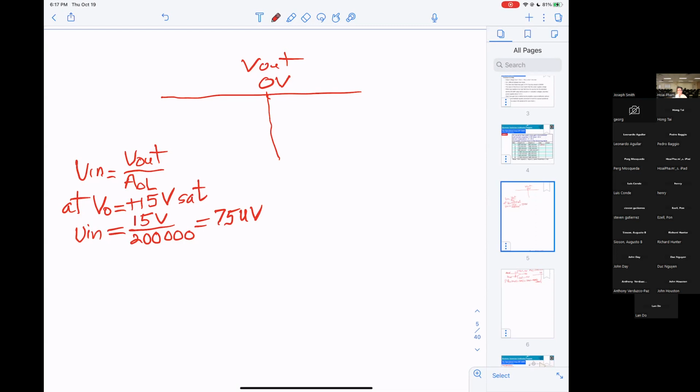We already told you the output of the op amp cannot be higher than saturation. So at saturation, this is the voltage right here, 75 microvolts.